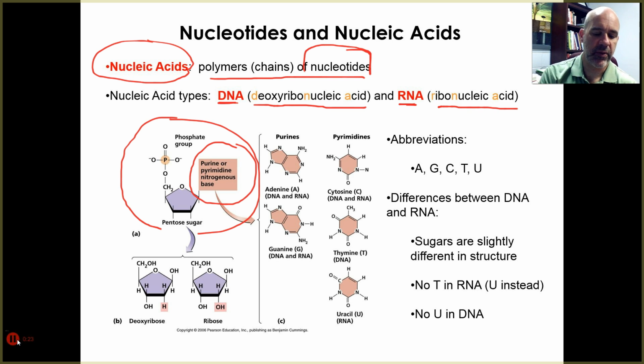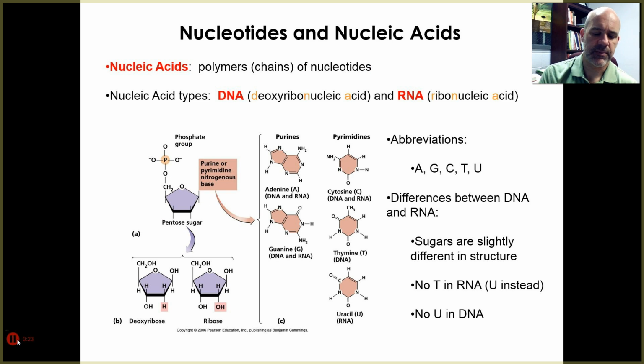That is linked to a sugar molecule called a pentose sugar because it has 5 carbons in it. And then finally, that sugar is linked over here to what we call a phosphate group, which is a phosphorus atom, abbreviated with a P, surrounded by 4 oxygens.